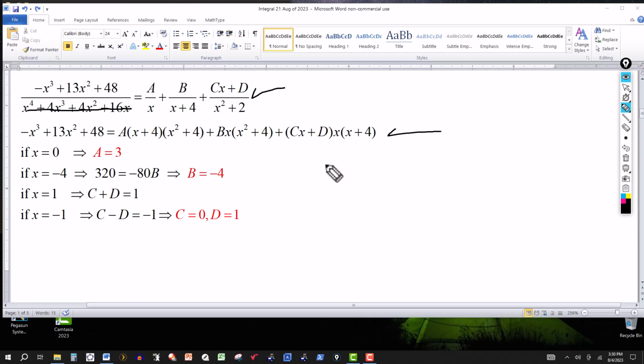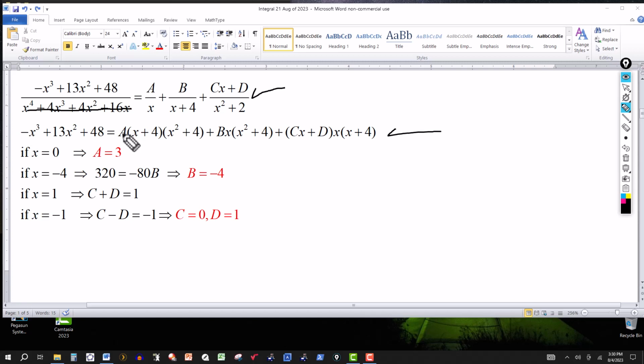And there's several ways you can find the constants. One way is to simply multiply all this mess out and then take the coefficients of the cubic term, and those have to equal the coefficient of the cubic term on the left.